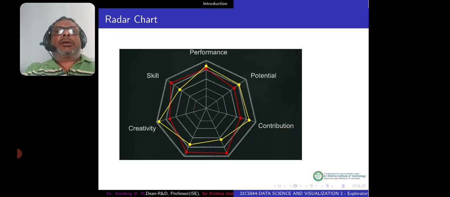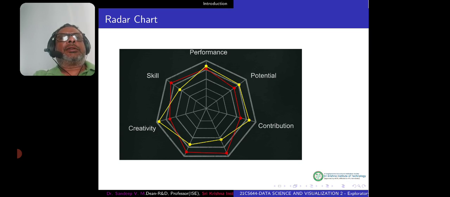Then comes the radar chart. So here it's not limited to any number of parameters. In this case, it is working with 1, 2, 3, 4, 5, 6, 7. So it is talking with 7 parameters.